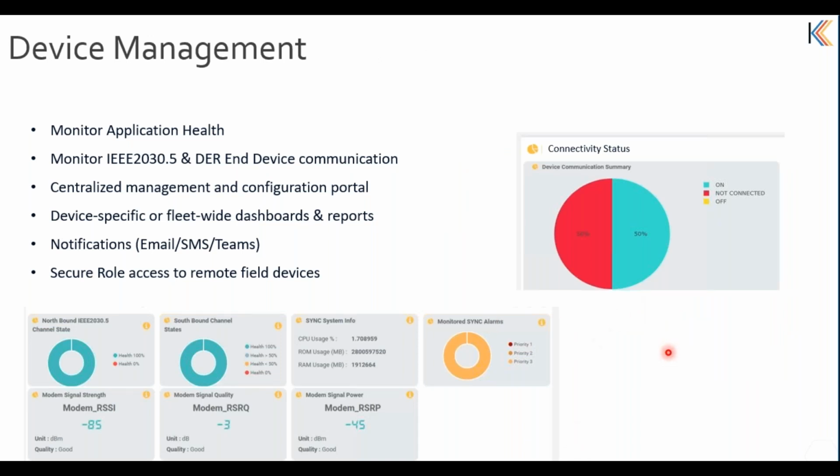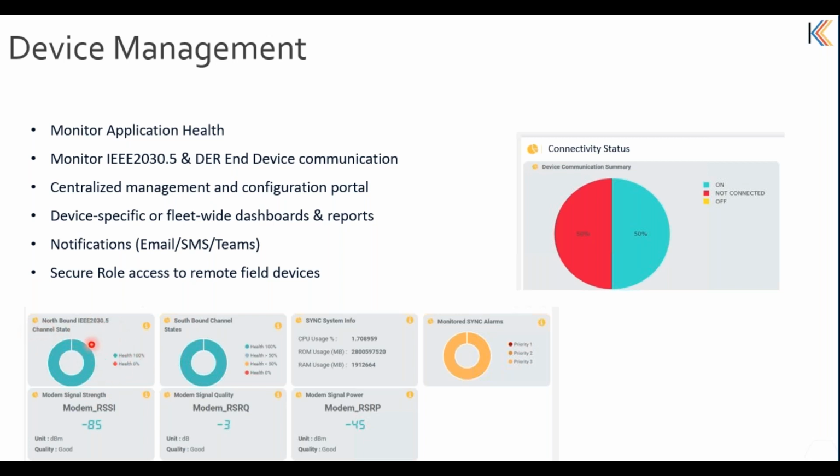And talking about device management or remote software management, the Kalki Edge software or the embedded module or the external gateway can be remotely monitored and managed from a cloud-based application called Kalki Data Hub. So you can use this to monitor the communication status.